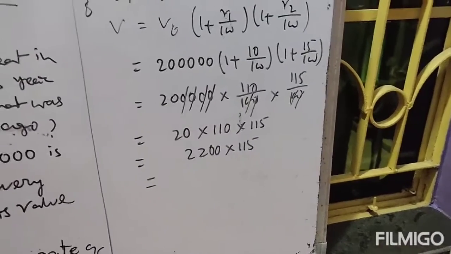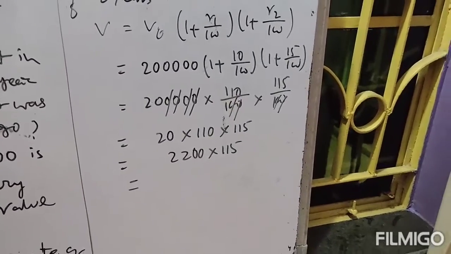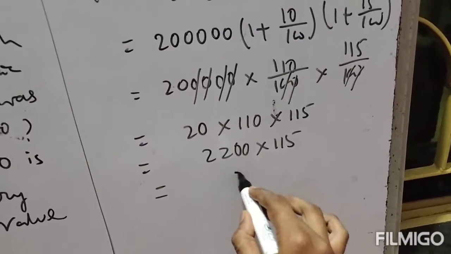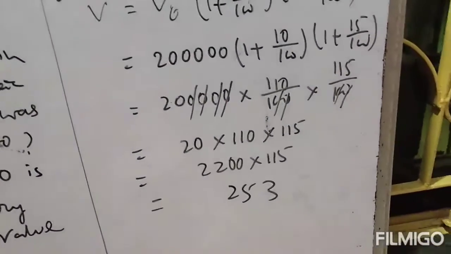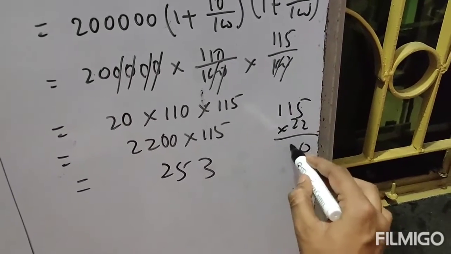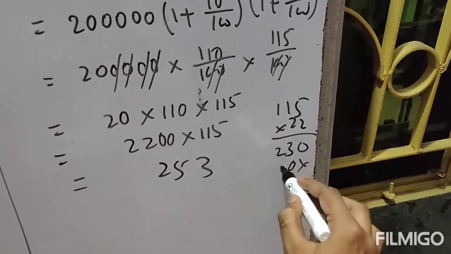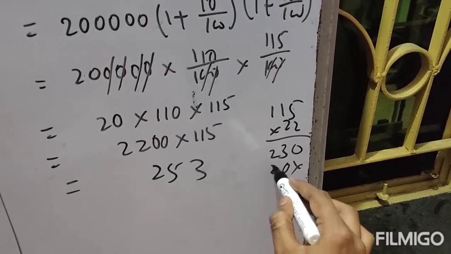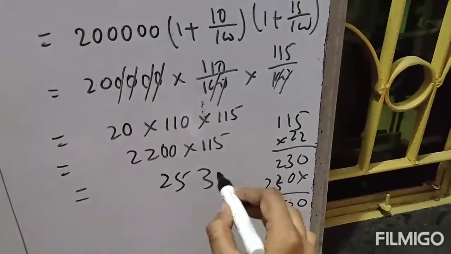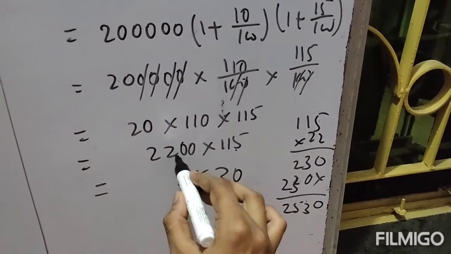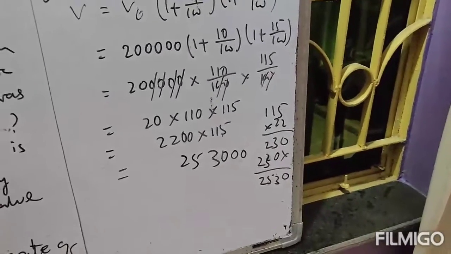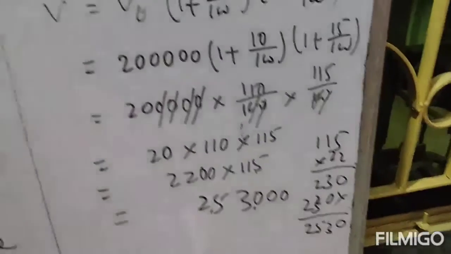Clear? So your answer will be 22 into 115. This gives you 2530. 22 into 115 is 2530, and 2 extra zeros, therefore 2,53,000.